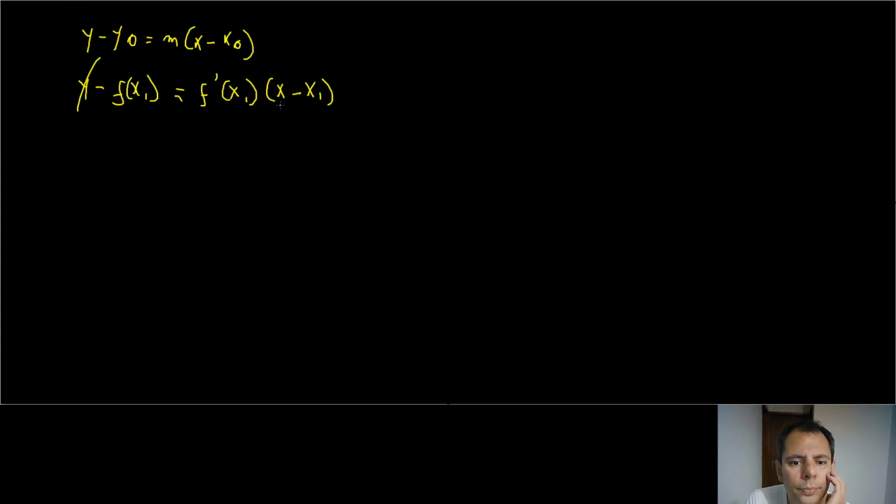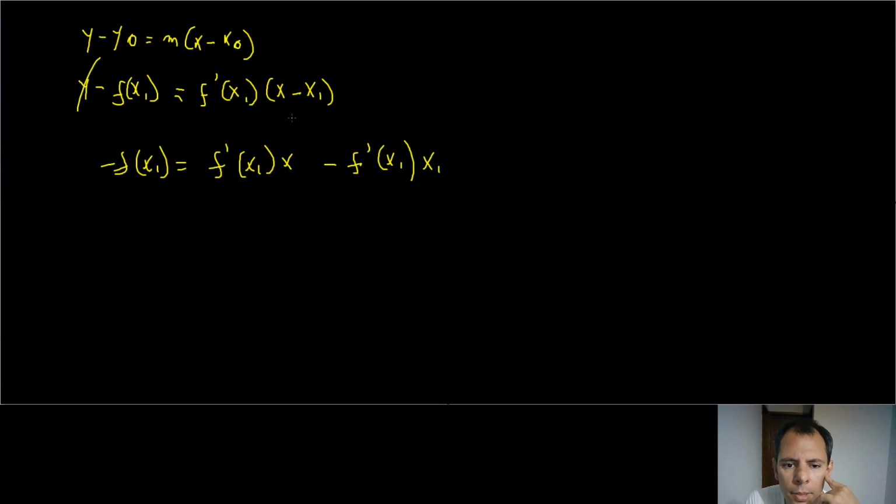So you're going to have on this side, I'm going to make it slow, f of x1, minus f prime of x1 times x minus f prime of x1 times x1.